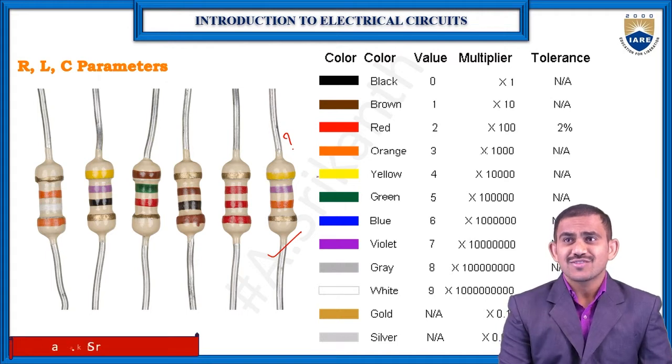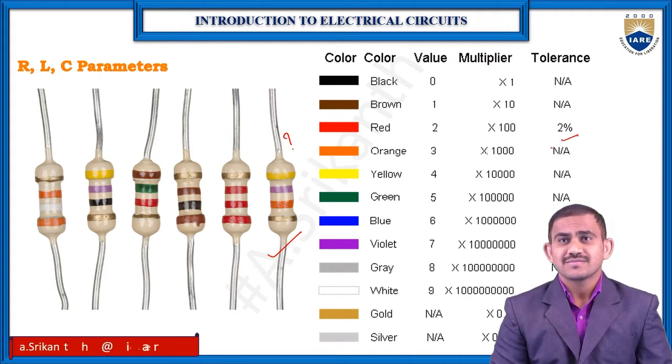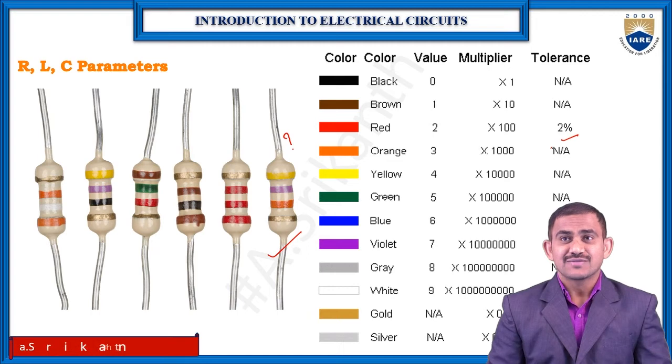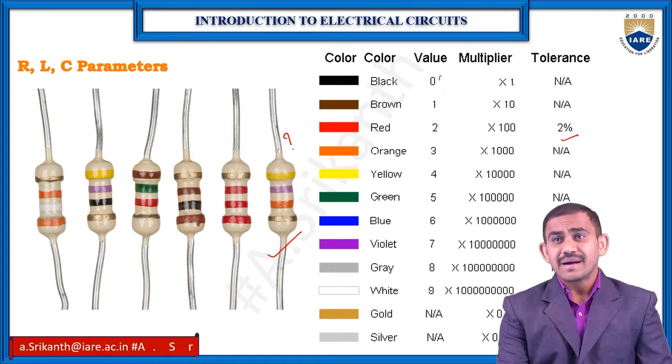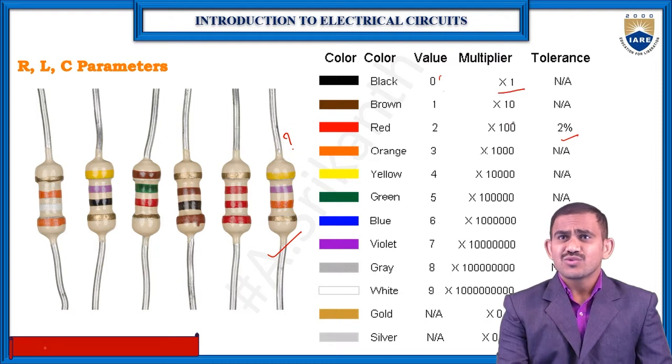For every color we have some values. These are the values and these are the multipliers. So we have the values, multipliers and tolerance.